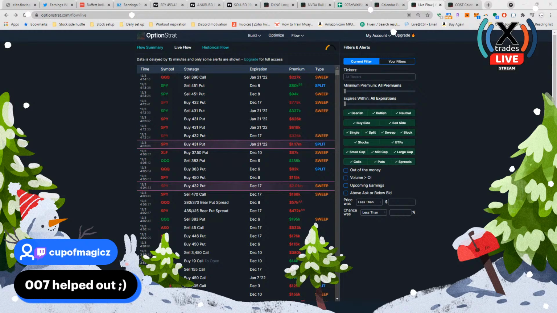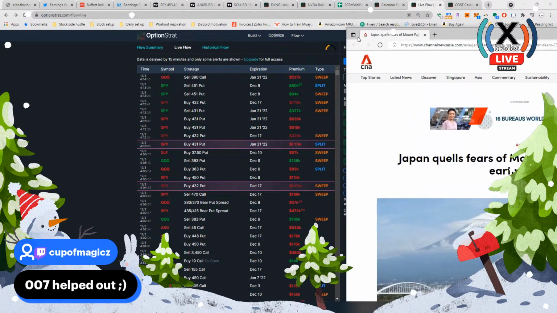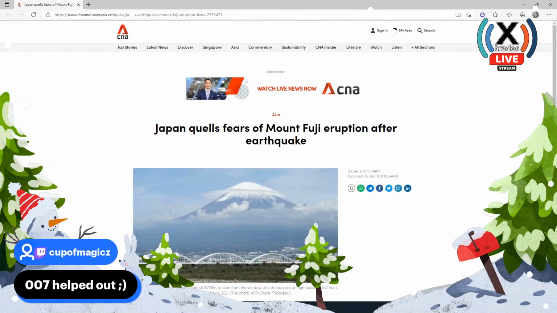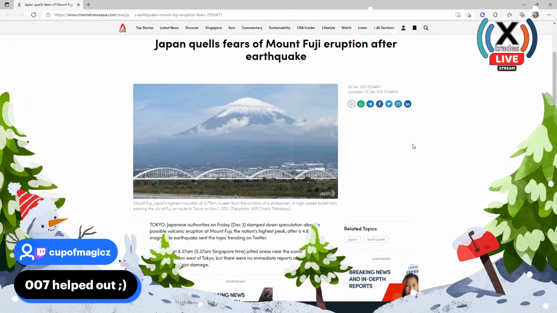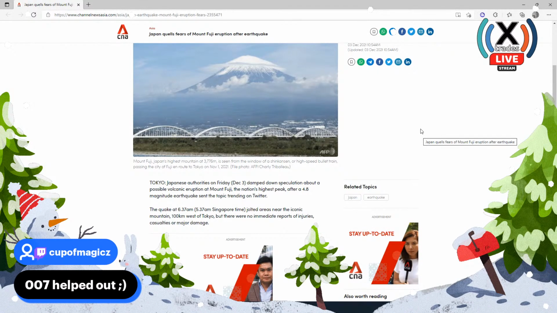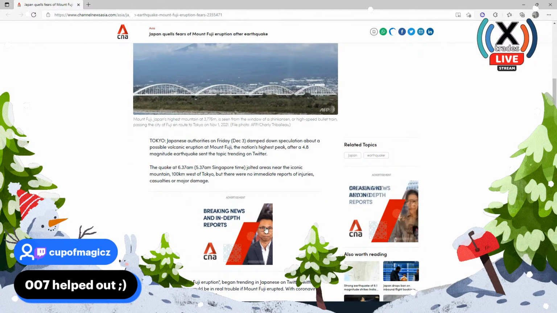I remember you were telling me something crazy happened in Japan. Oh yeah, the, what's it called, the Fuji volcano or mountain. It's not a volcano yet, but there was some kind of earthquake, I think it was 4.6 magnitude, and people there are afraid that it could trigger an eruption.